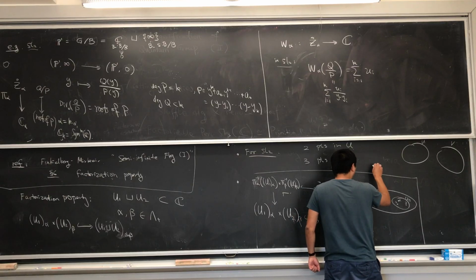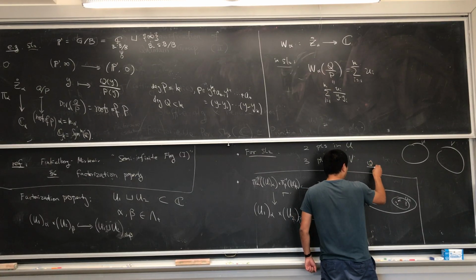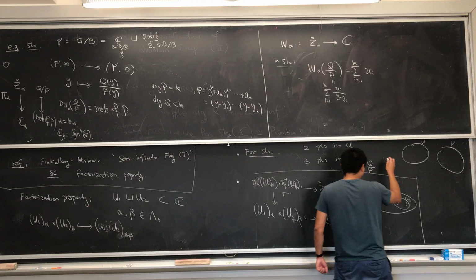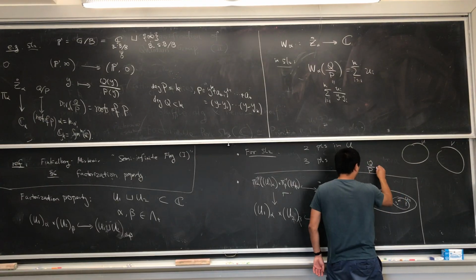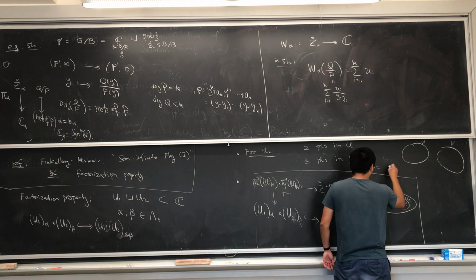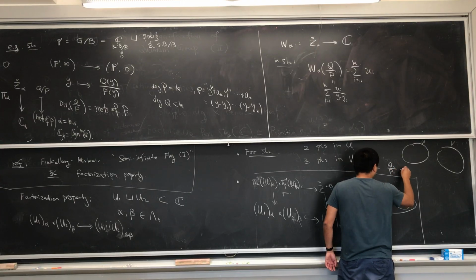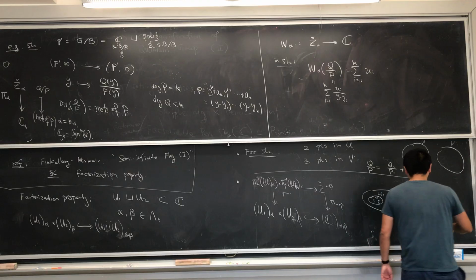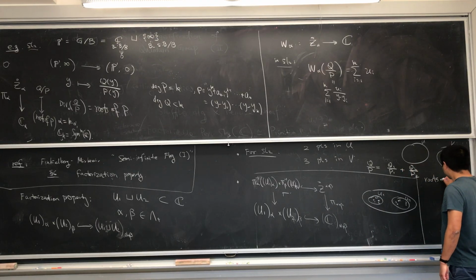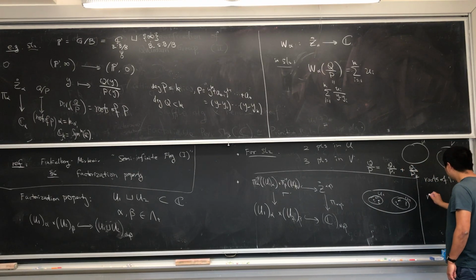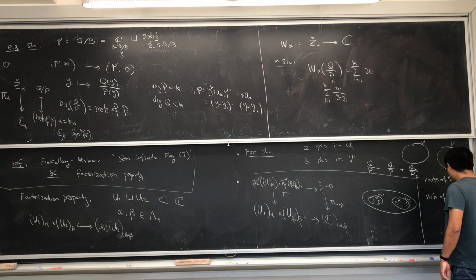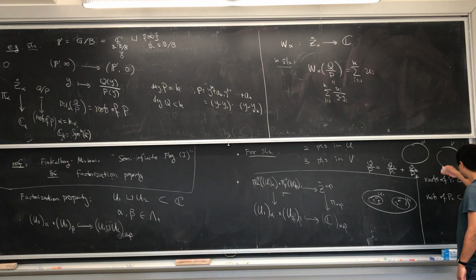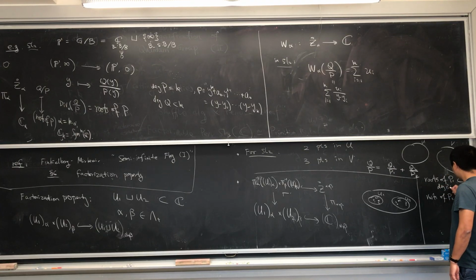One can consider points in this Zastava space which are given by these fractions of the form Q1 over P1, Q2 over P2, where roots of P1 are contained in U, and roots of P2 are contained in V. And degree of P1 is 2, degree of P2 is 3.